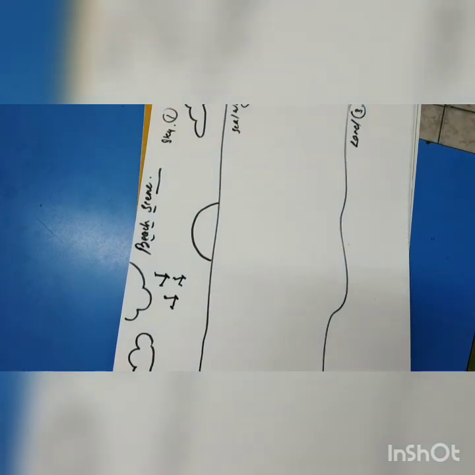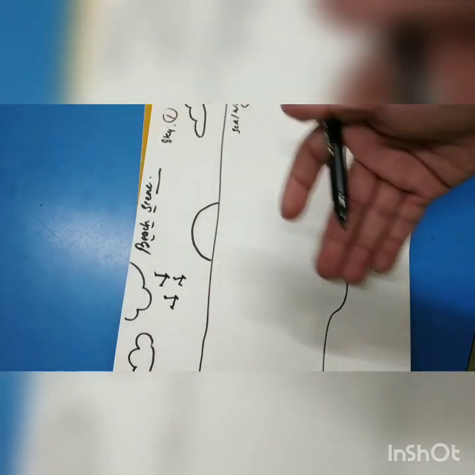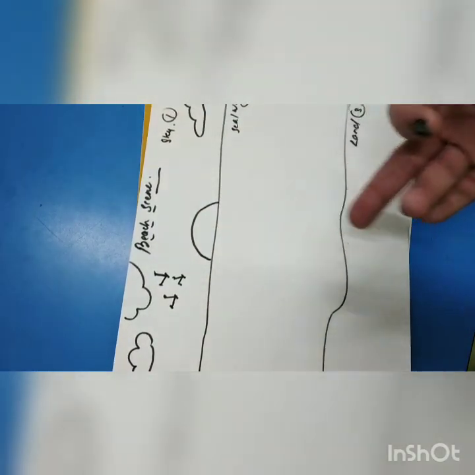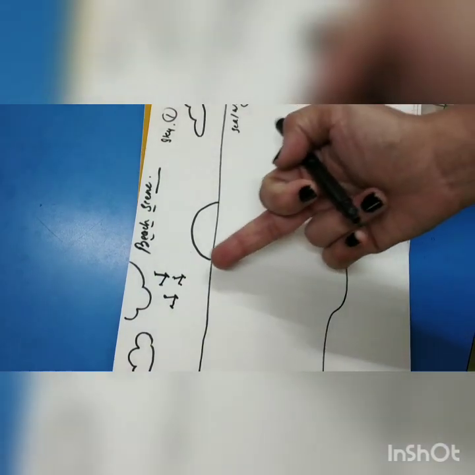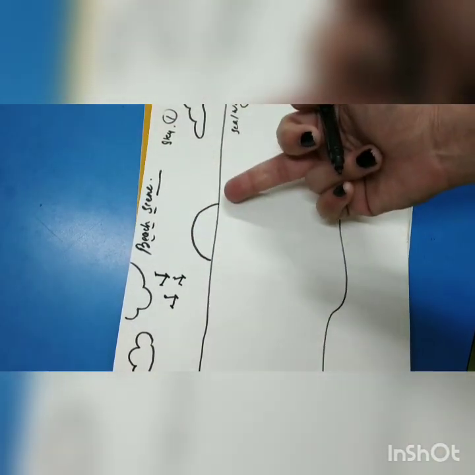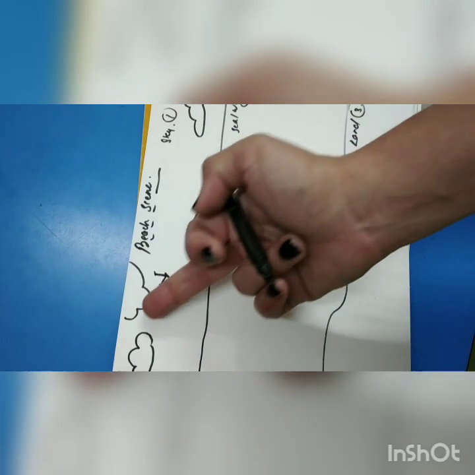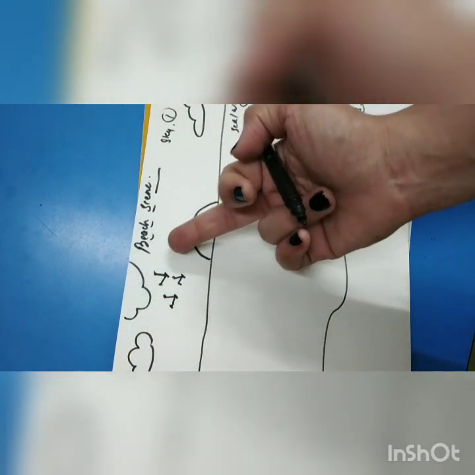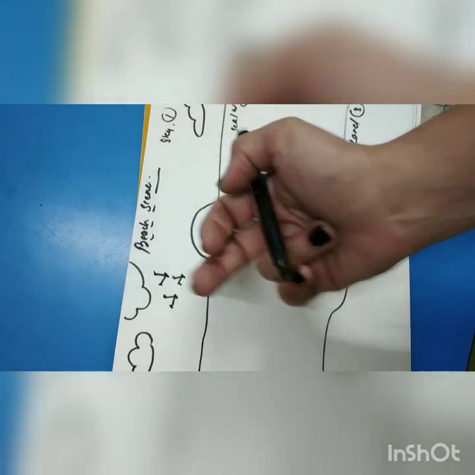So till now we have divided our page into sky, water and land. Then I drew the sun, a semicircle. Then clouds. We added clouds and lastly we added birds.